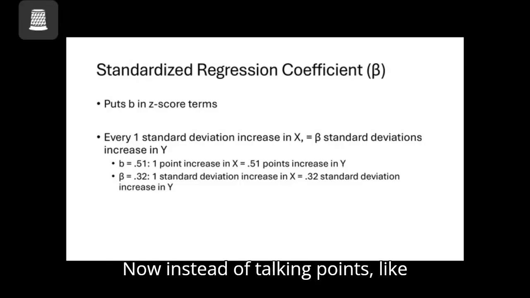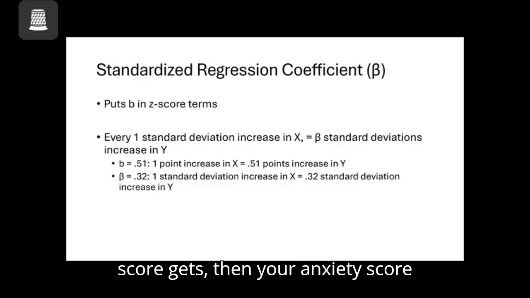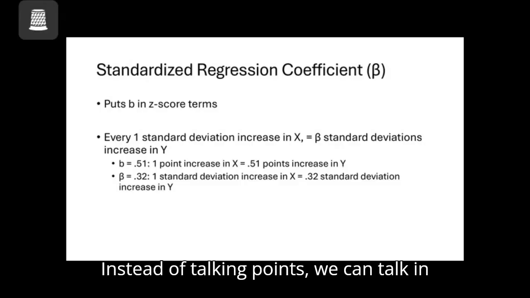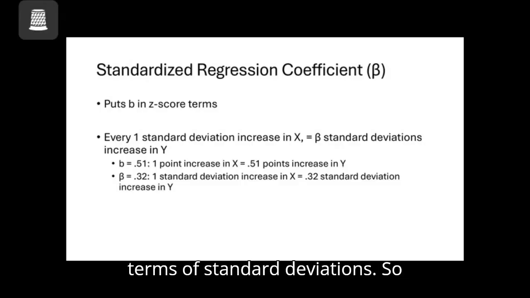Now, instead of talking points, like depression is on a range from 0 to 50, and for every 1 point higher your score gets, your anxiety score, on a scale of 1 to 40, increases 0.5 points, we can talk in terms of standard deviations. So increasing x by 1 standard deviation is associated with a beta standard deviation increase in y.